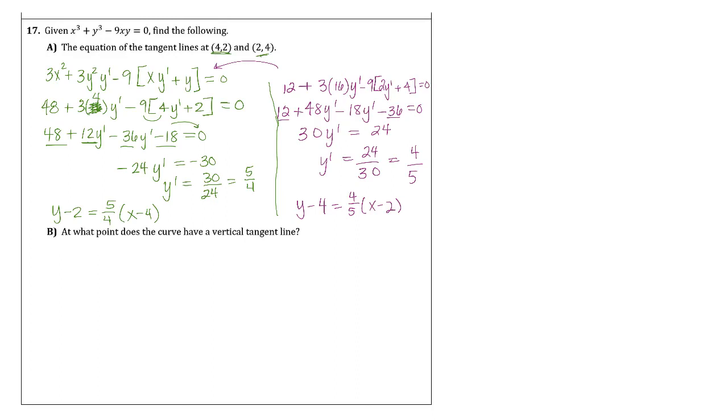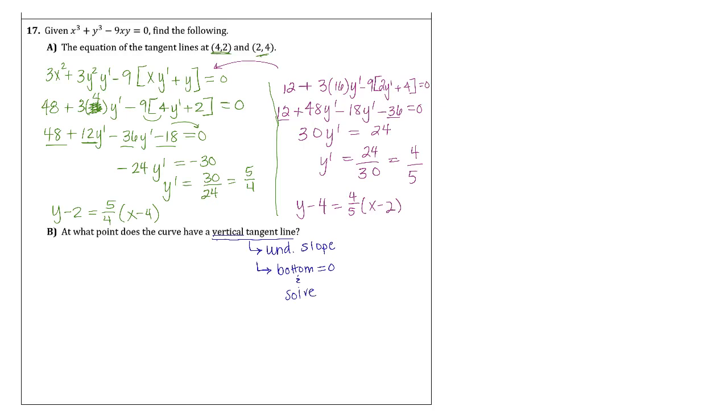All right, so now our next question is asking about a vertical tangent. And when you see vertical tangent, that means you have an undefined slope. Always think that, and then you'll always think about the bottom, where the denominator equals 0, and you solve. So be careful with that.